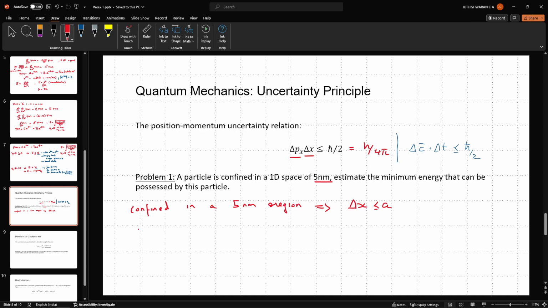So let me consider the case where delta X is equal to a. So delta X equal to a implies delta Px will be less than or equal to, according to the uncertainty relation, h bar upon 2a.